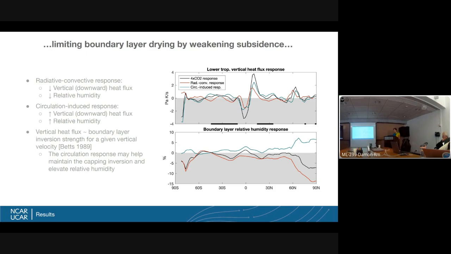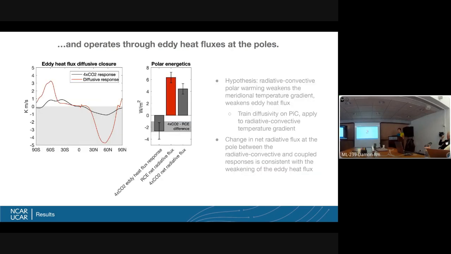And so what's happening is you're just wiping out the capping inversion, and you're also drying out the boundary layer in the RCE response, whereas what the circulation seems to be doing is reinvigorating that downward heat flux and also moistening the boundary layer. I haven't thought a bunch about this in great detail, but I think this is the path to try to understand that effect, and I think maybe it's not so complicated.